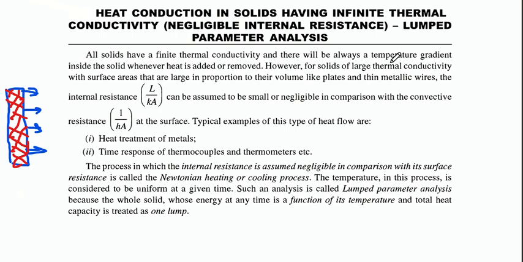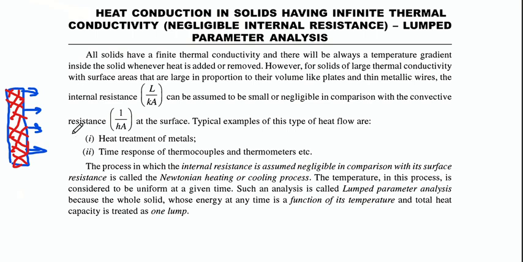the surface resistance. If you consider a plate, suppose I've shown here a plate, and when we add heat on one part, suppose I am adding heat to this side, obviously the heat transfers inside from one end to the other end by conduction, right? We already know conduction and convection.